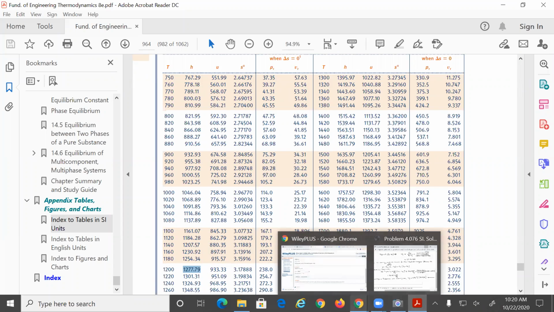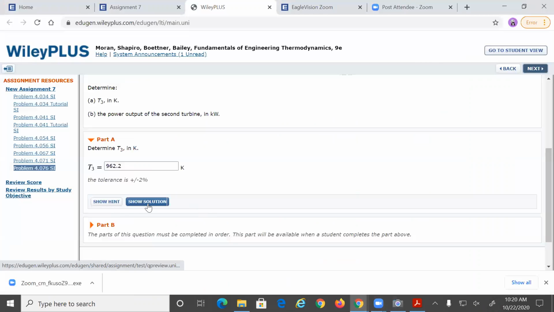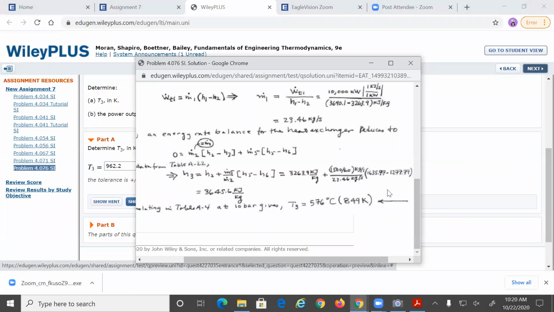Okay, let me check something here quick. I think that's the same value that I have over here. Okay, so we can save some time with the calculation. All right.